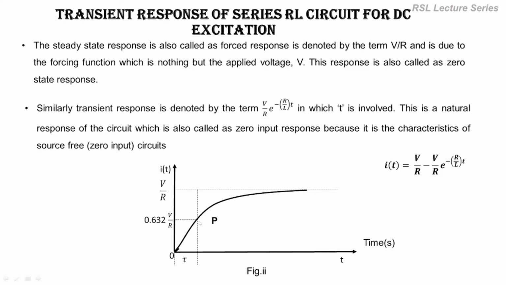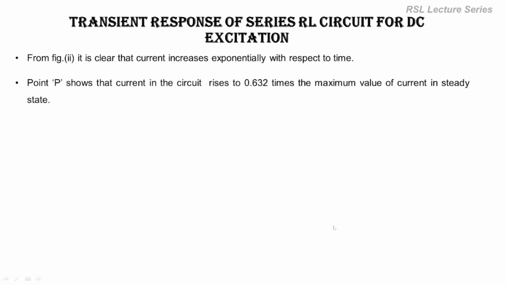Now if we take the point P, at P we assume t is equal to L/R. Here R/L into L/R, these terms will get cancelled. So we will get i(t) equal to V/R minus V/R into e^(-1). On simplification, we will get 0.632 times V/R. This point is defined as the time constant.